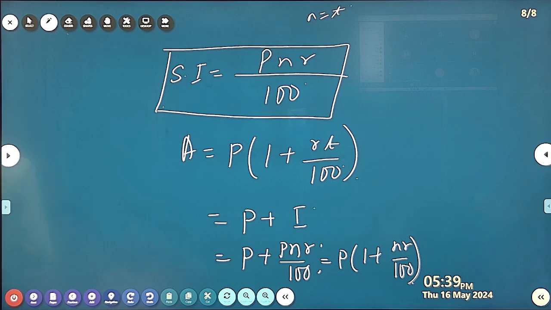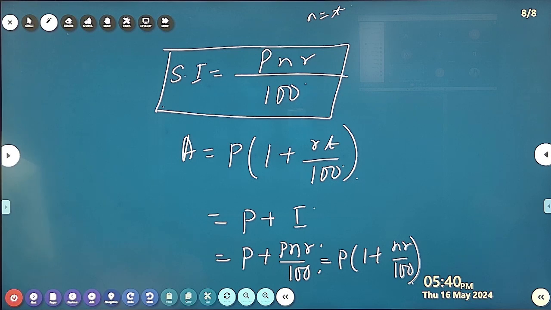But how is simple interest calculated? Simple interest will be calculated and the interest will not be added every time. So the total amount you have to repay will obviously be less. Generally, who gets simple interest?